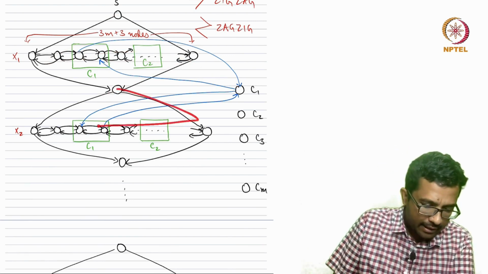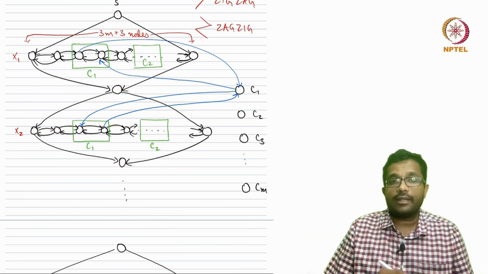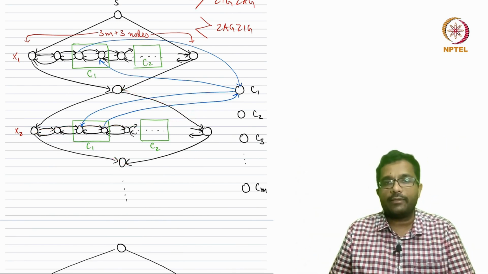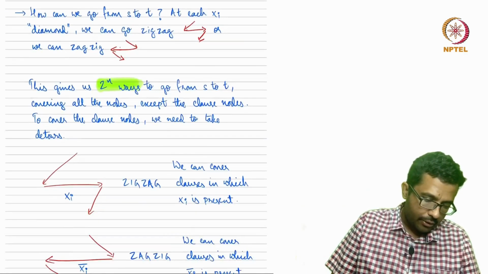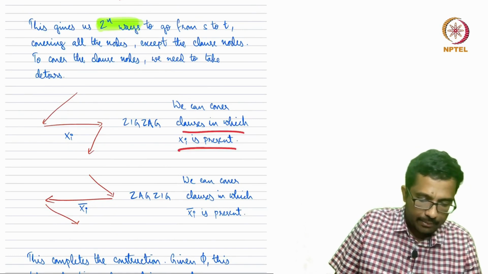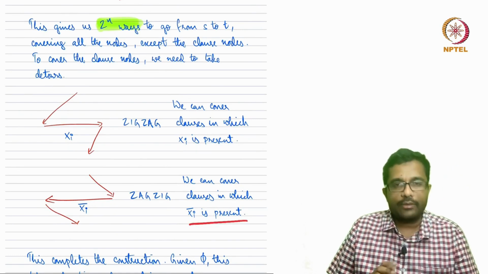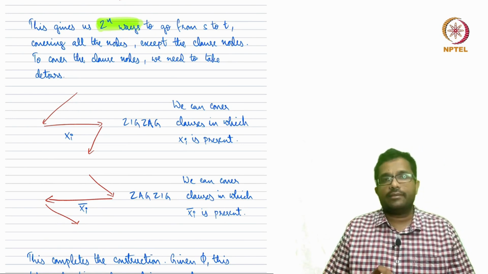If we are zagging, we can include all the clauses where the variable appears in the complemented form, or as the negative literal. So if we are zigzagging, we can cover the clauses in which xi is present, and zagging we can cover the clauses in which xi complement is present, and that's the construction.